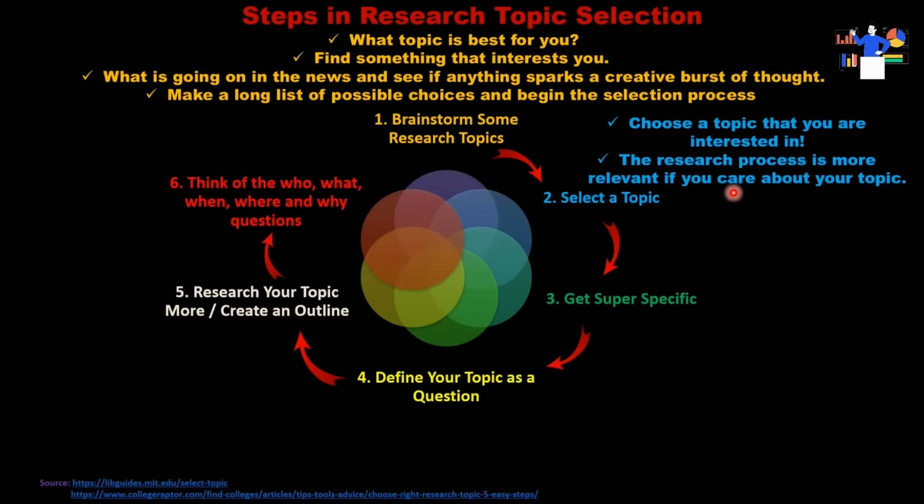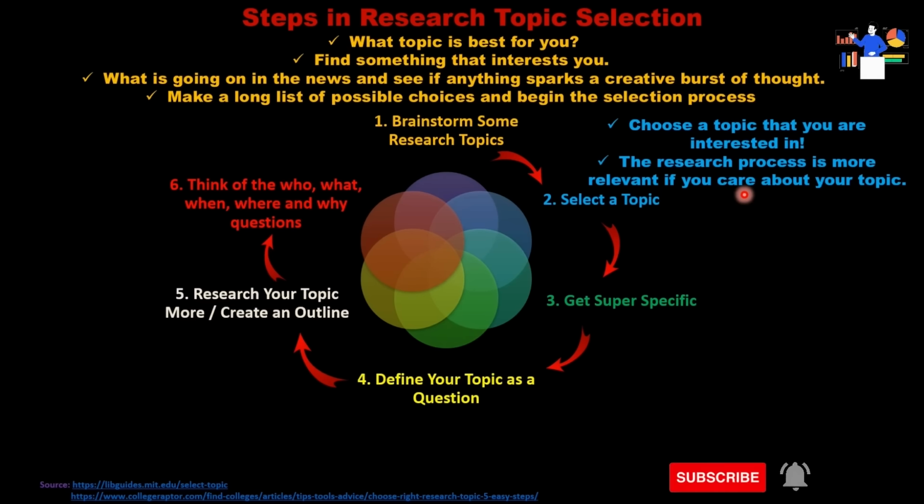The next step is to select a wider topic, you can say. It would be good to choose a topic of your interest, and it will motivate you when you are doing research. Next step is selecting a broader topic.